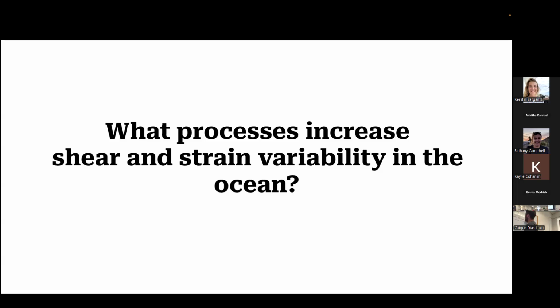And I'm also going to write here wind-driven currents. Gradients, like gradients in density. Gradients in density. Yeah, exactly. Okay.